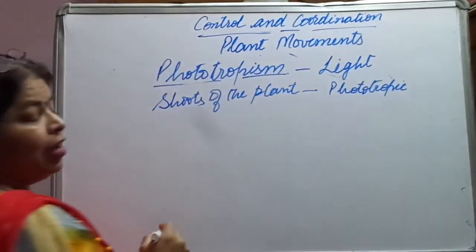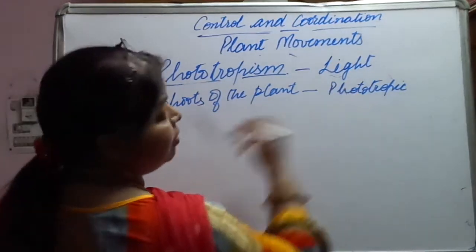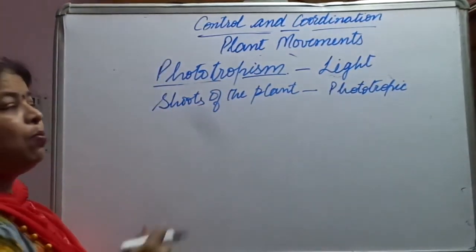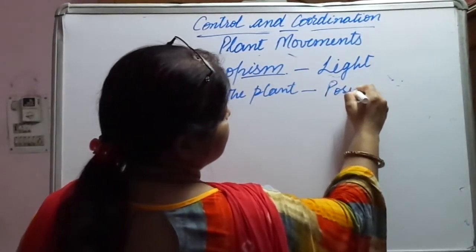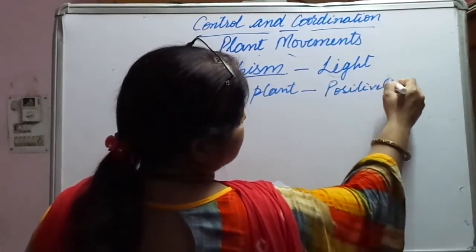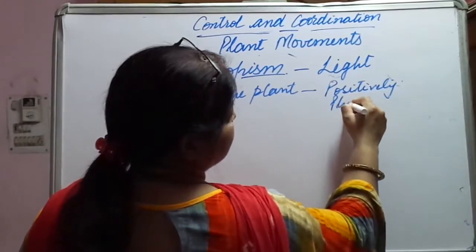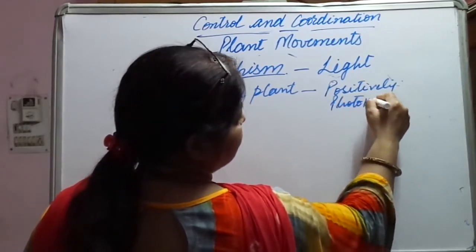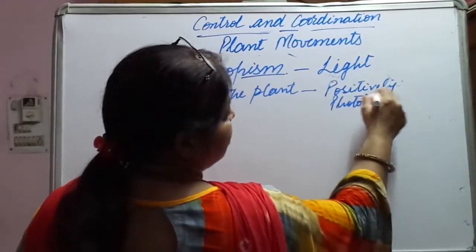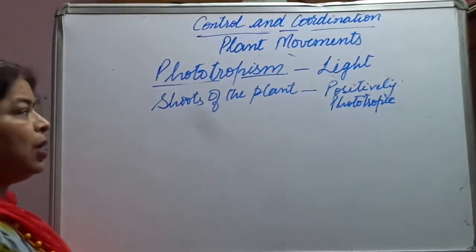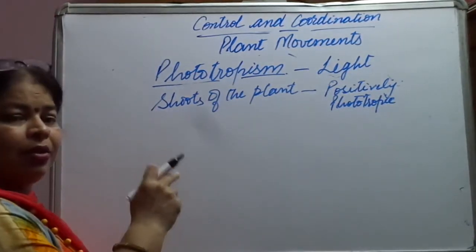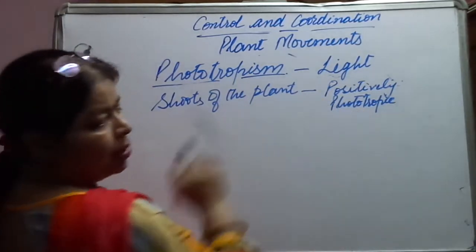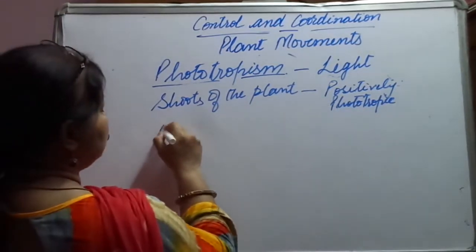Okay, while roots are negatively phototropic. Right, I told you that when the plant part is going towards the stimulus, we say positively tropic. So the shoot is positively phototropic. What about roots?